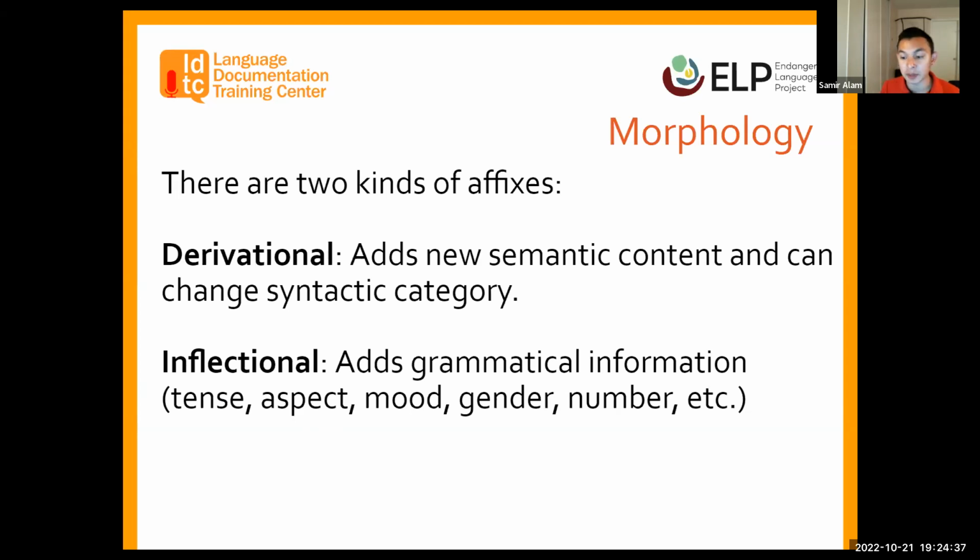But to make it more concrete, if you're not familiar with those terms, we can think about the plural morpheme that we just went over, right? We have cat and we have a plural morpheme s, and that s is an affix, and it's a suffix because it's at the end of a word. But is it derivational or inflectional? Well, cat and cats mean very similar things.